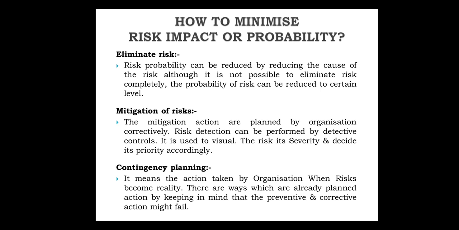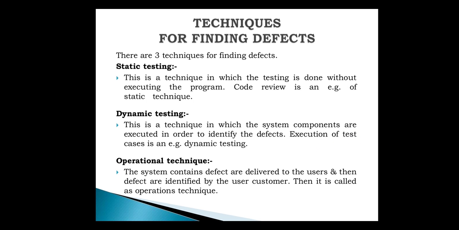If there is a chance that the risk becomes a reality, some kind of action plan must already be ready. These are ways which are already planned, keeping in mind that the preventive and the corrective actions might fail.